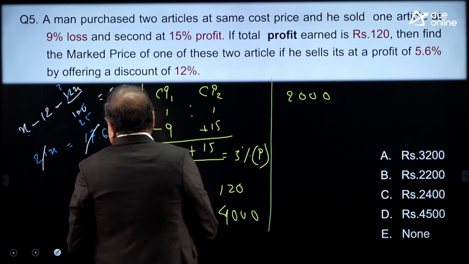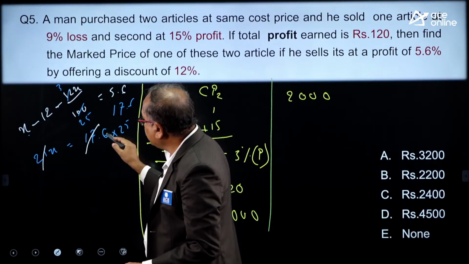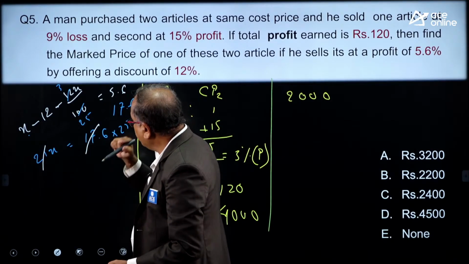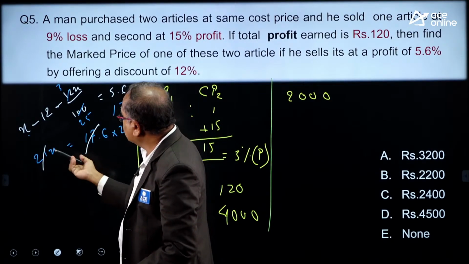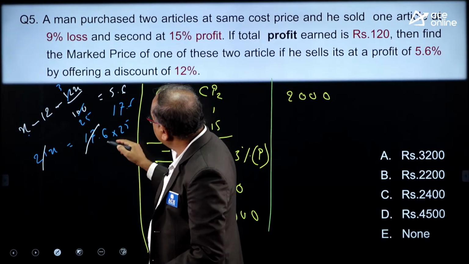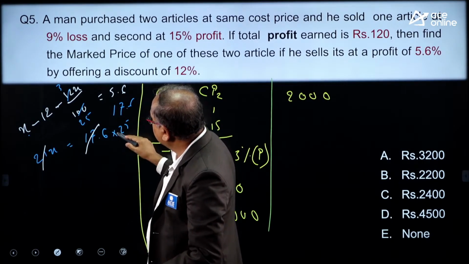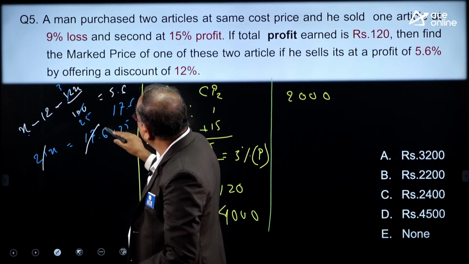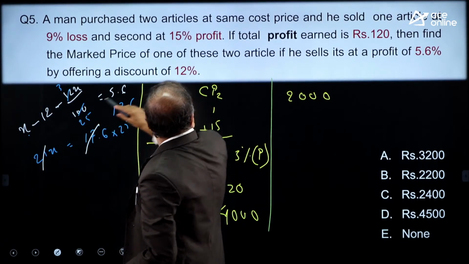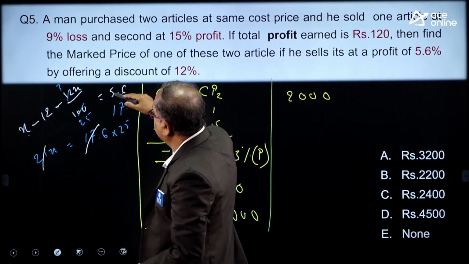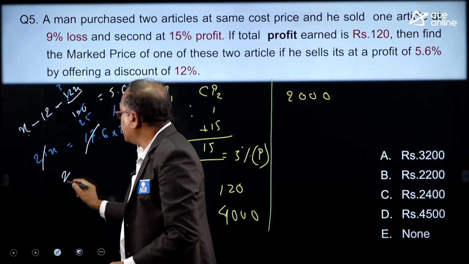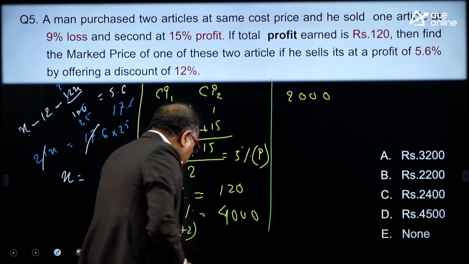How much will it get cancelled? With 21, can I see that with 3, let us cancel. With 17.6, how do I get this? 12% and 5.6%. What is the x value, my dear friends? What is the x value?